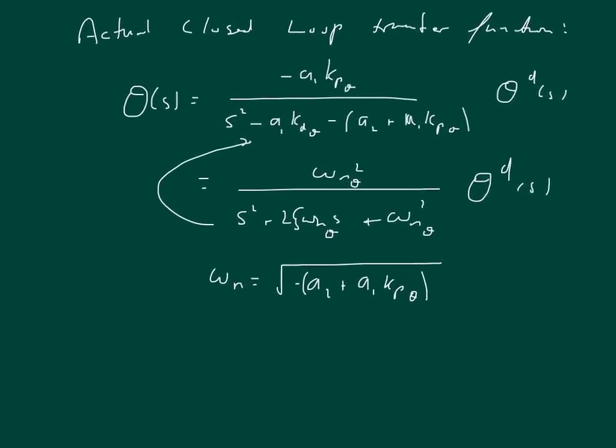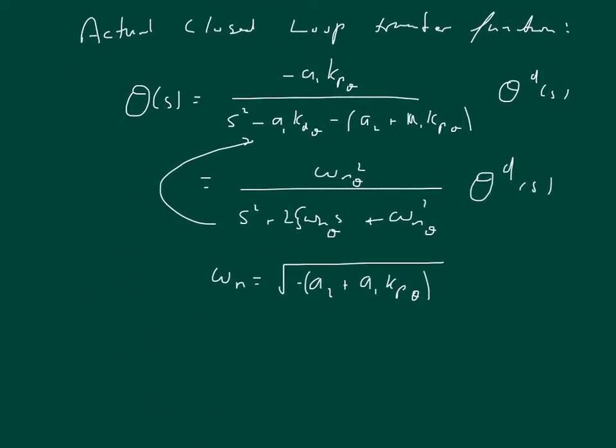Okay, so back at this point, that implies that this term will be negative, and if it dominates a2, then omega n, and of course that's a constraint, omega n needs to be positive.